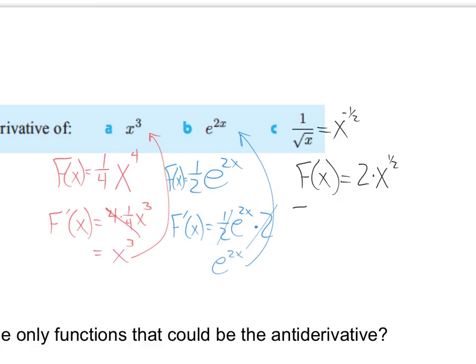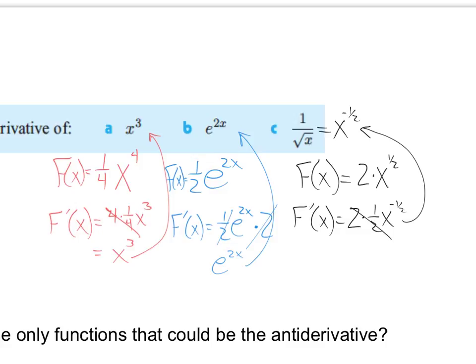Let's try that. If I took the derivative of our antiderivative, we have 2 times 1/2 x to the negative 1/2. And what do you know, there we get x to the negative 1/2, which is what we were shooting for. So you see here, you can figure out a lot of these logically, knowing our derivative rules.